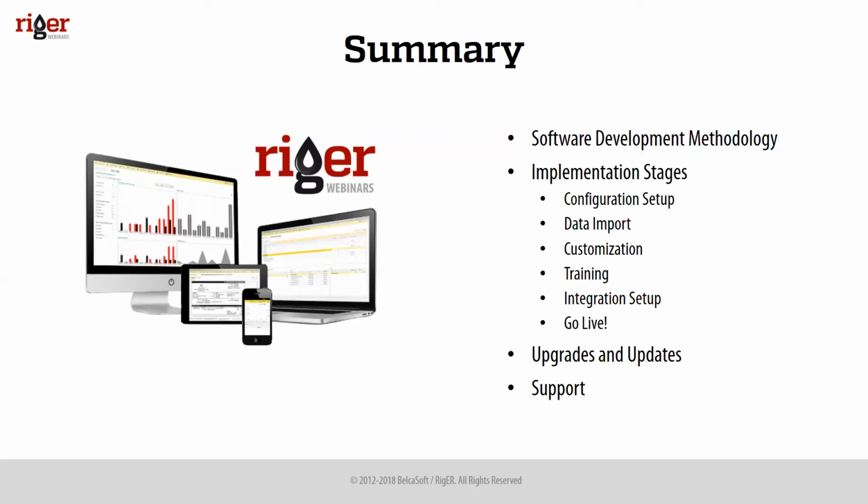And as part of our ongoing commitment to customer success, we provide ongoing support through the Learning Center that you can access via RigER.ca. We try to make sure that any issue that comes up gets resolved in a timely manner. That's a quick summary of our webinar today, and I welcome any questions you may have.